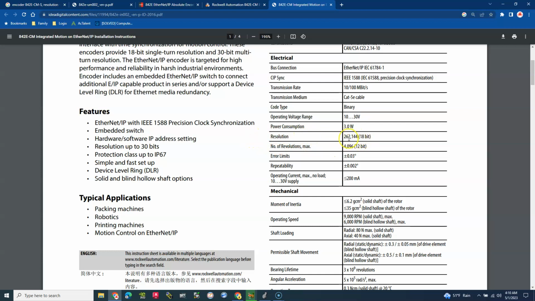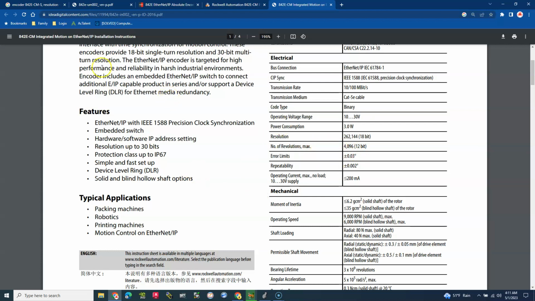Now often you'll hear talk about resolution and number of revolutions. So we have up to a resolution of 18-bit, 262,144. Number of revolutions max. So we are using this number right here, 4,096 revolutions or pulses per revolution.